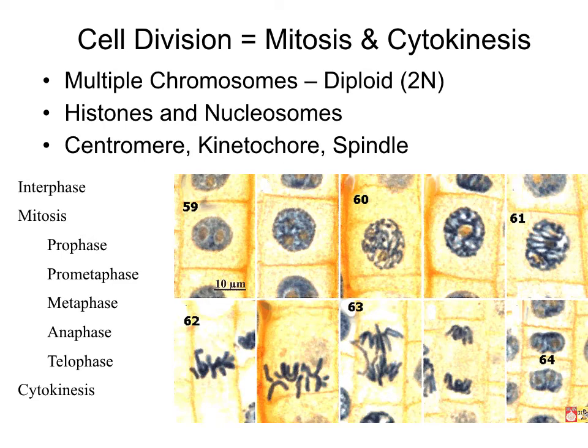This picture shows mitosis in a plant cell. And so 59 is interphase, 60 is prophase, 61 is prometaphase, 62 is metaphase, 63 is anaphase, and then telophase and cytokinesis are 64 there.